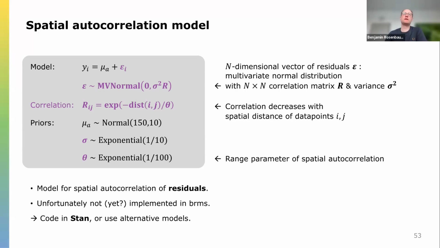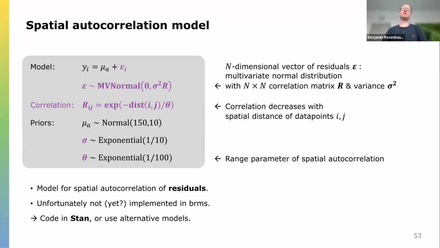But the problem here is this model usually is pretty slow. Because in the model fitting, in each step of the sampling, you have to calculate the inverse of an n times n matrix. And calculating the inverse of a matrix is the most costly linear algebra operation out there.